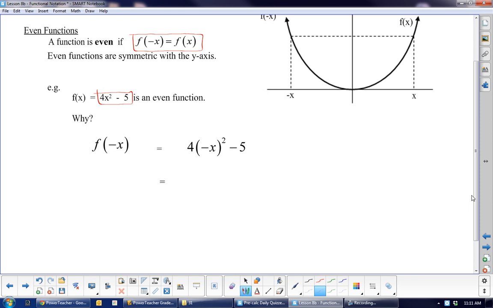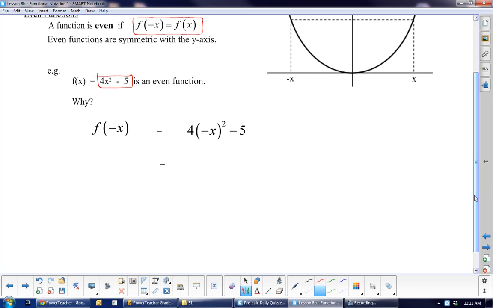Okay? Why is it considered an even function? Well, if you put a negative x in there, you actually get back your original function. Okay? So that's how you test it.